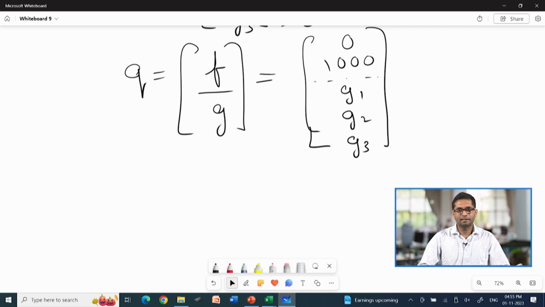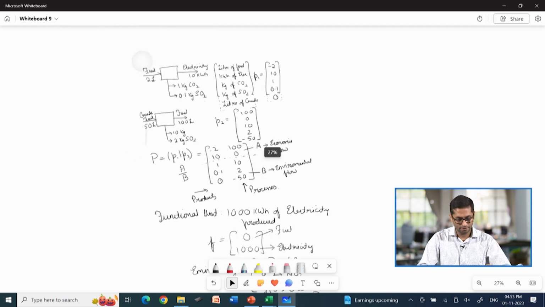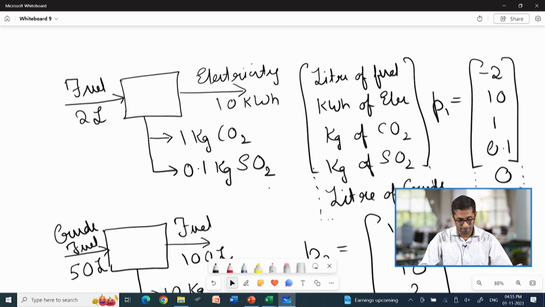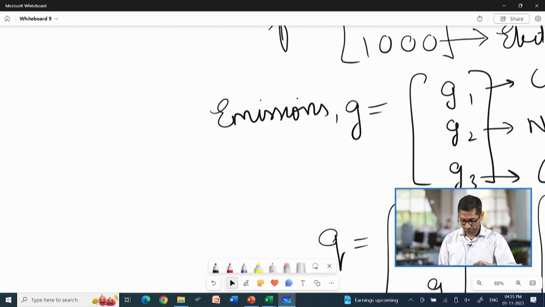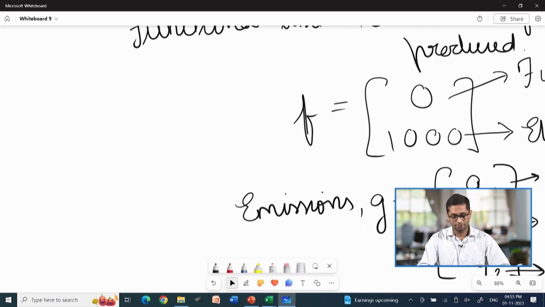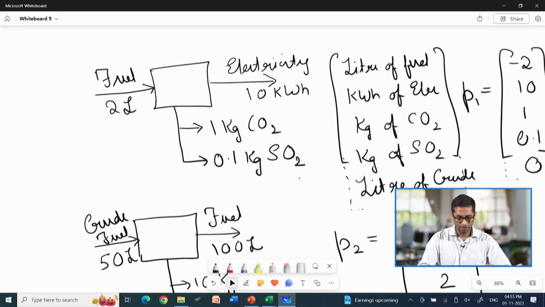The first thing is, let us try to do this analytically. If I would want to produce 1000 units of electricity, and if I consider this unit process, possibly I would multiply this process by 100. So, P1 multiplied by 100 gives me 1000 units of electricity, and for these 1000 kilowatt hours of electricity, I would need 200 liters of fuel.